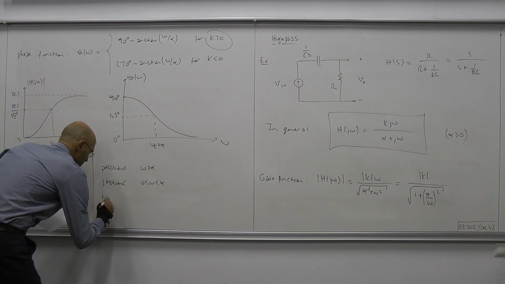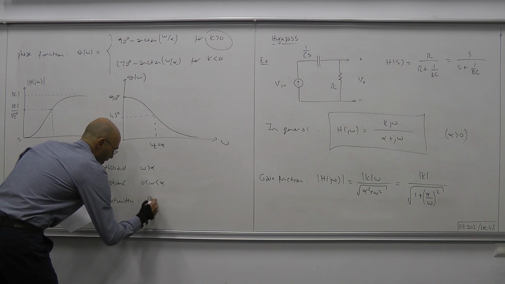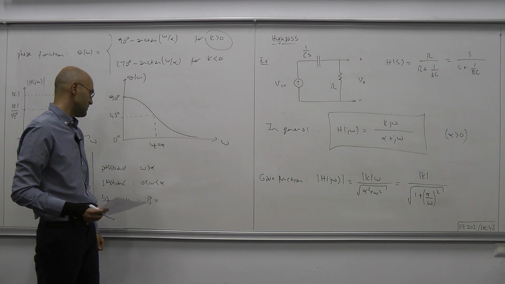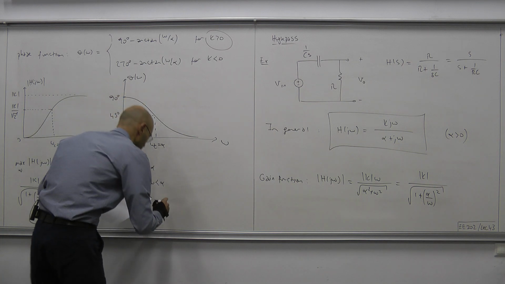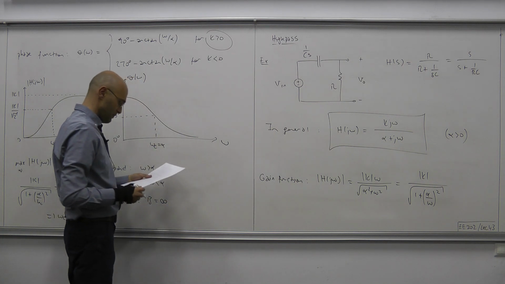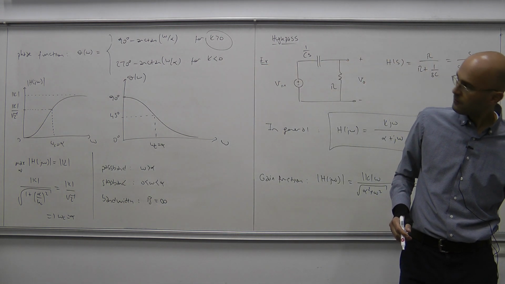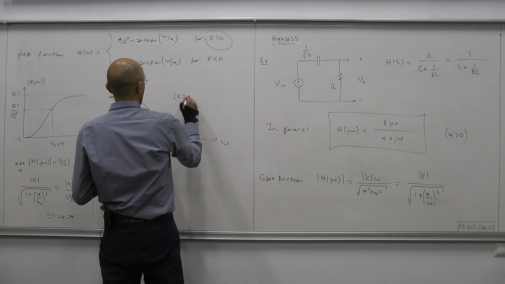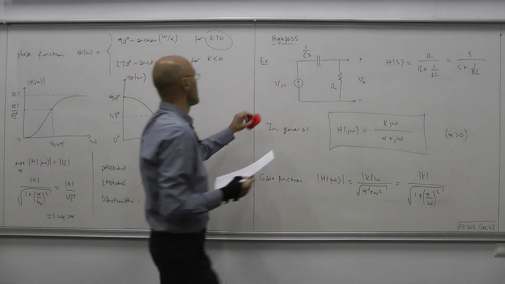And the bandwidth by definition is the length of the passband window. In this case, that length is infinity, for our high pass filter. Okay, so this is for K positive. Okay, now let's talk about an example.